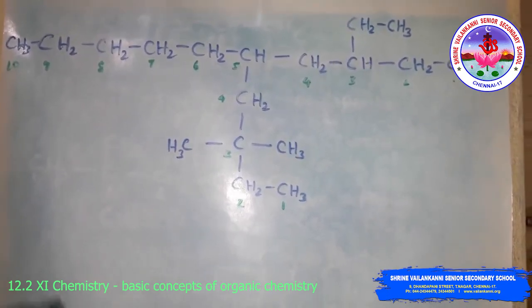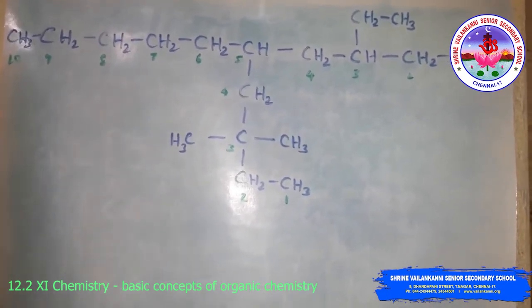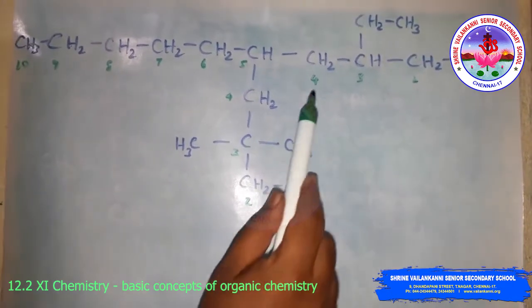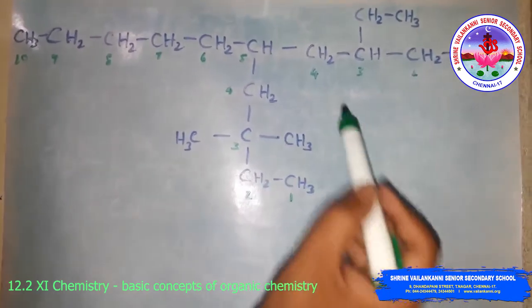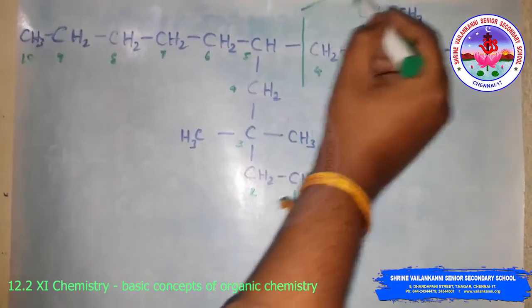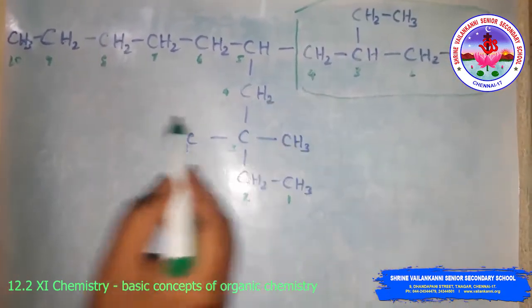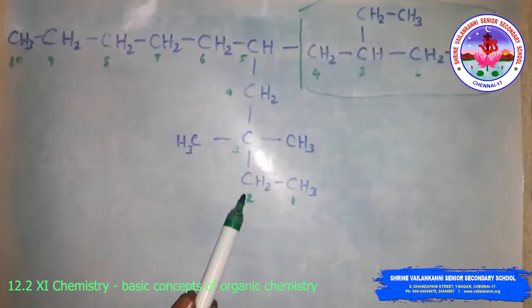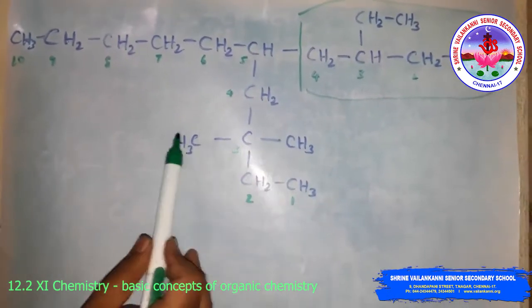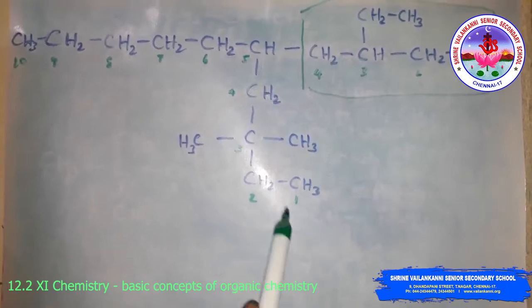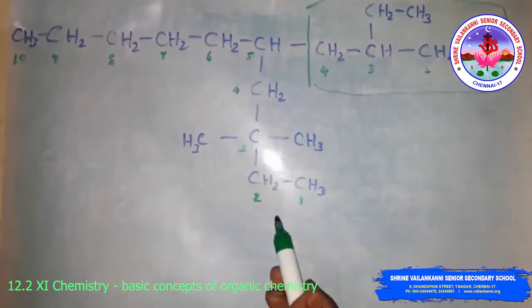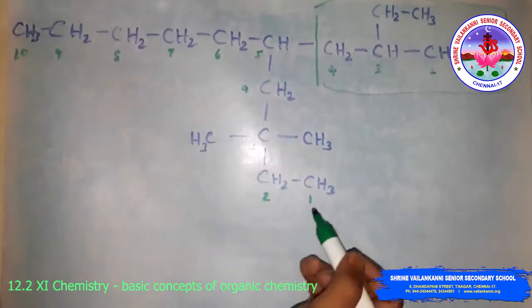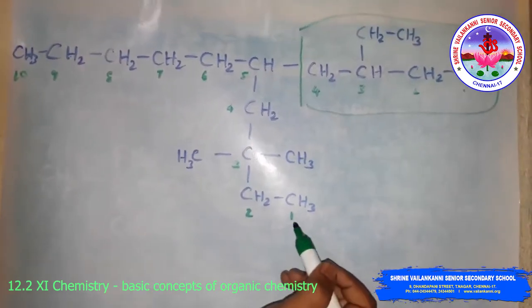The preference is to give more side chains. Which chain has more side chains up to this? Look at this, here there is only one side chain. Look here, there are 2 side chains, so you have to follow that, meaning the preference is more side chains. So you have to follow the numbering like this.